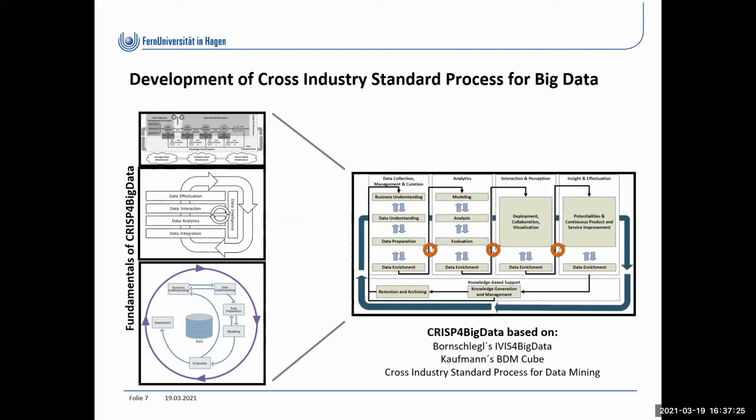And we designed a process called CRISP4BigData, meaning cross-industry standard process for big data, and it's based on Born-Schlegel's IBIS4BigData, Kaufmann's BDM Cube, and the known cross-industry standard process for data mining.